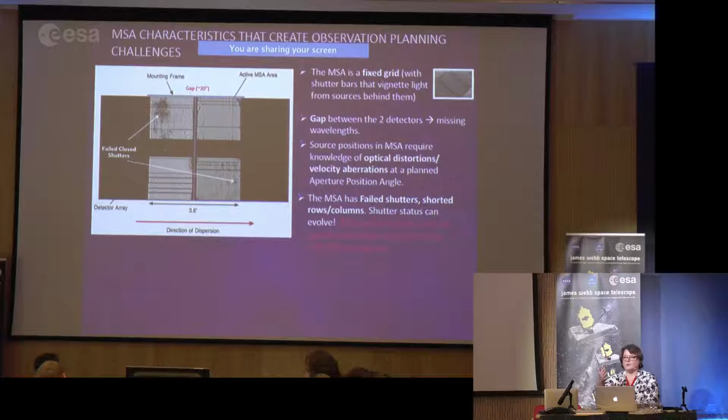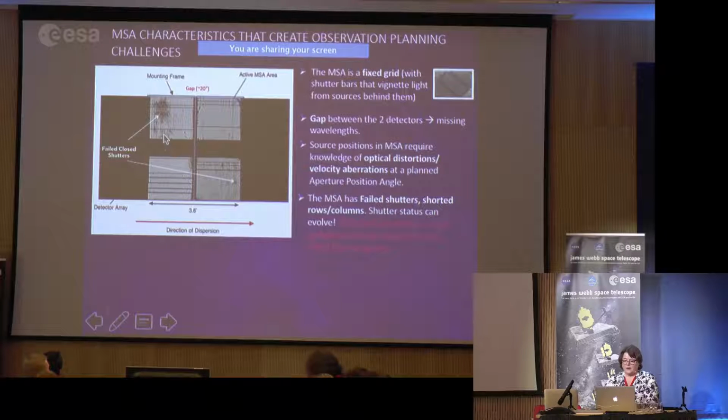It maps those sources from the sky to the MSA plane with the optical distortions. And there's additionally a telescope velocity aberration that occurs that causes a scale effect at the MSA plane as well. So all the target positions that we're working with will have been corrected for these effects at the MSA.